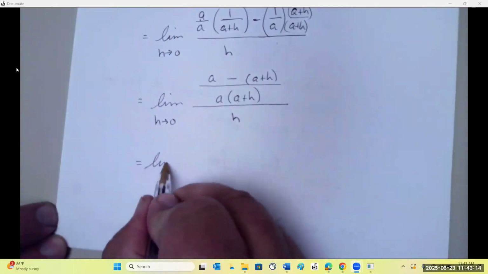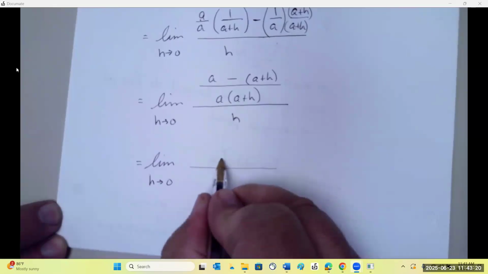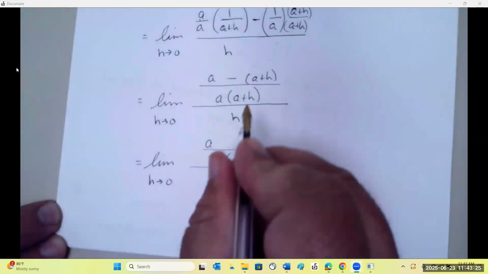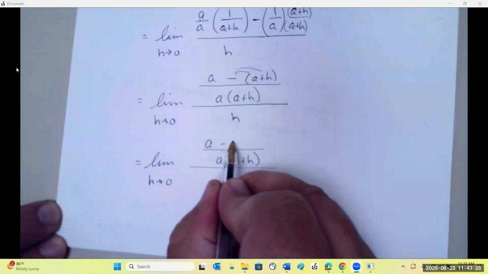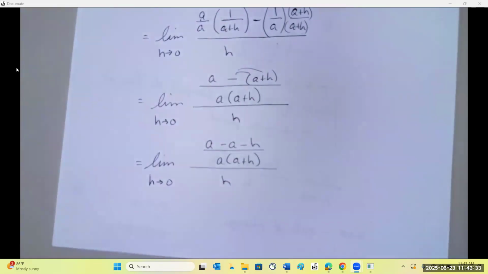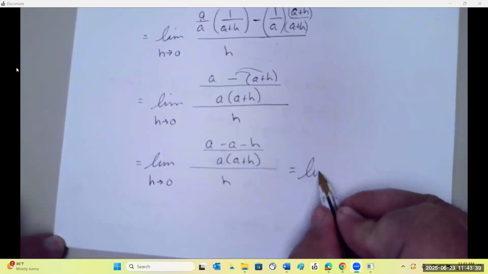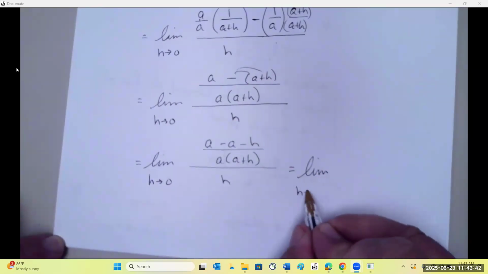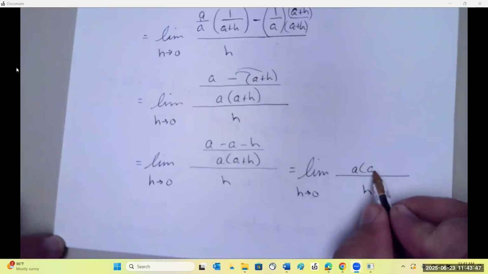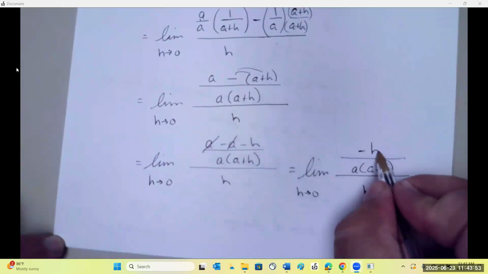Let's simplify the numerator. I distribute that negative sign in there, so it's a minus a minus h. The a's cancel, so we have negative h.